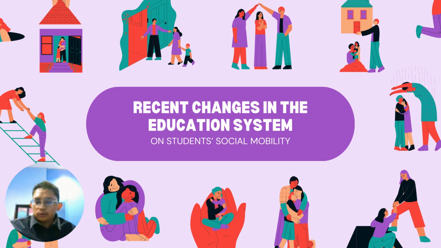So we move on to the recent changes in the education system on students' social mobility. Why are there recent changes? This is because not every student comes from the same background. Not every one of them can afford to be in a high social class, and some of them are even in a low social class, such as B40 students. Some students have learning disabilities that can hinder their learning experience and make their performance lower than their peers.